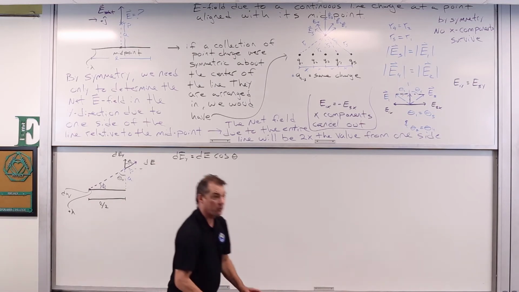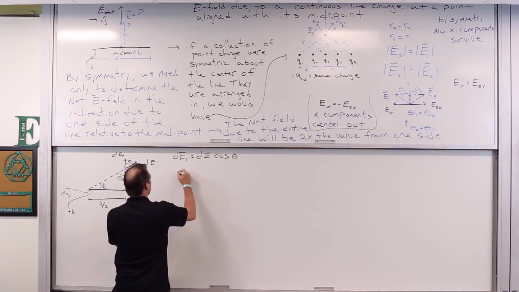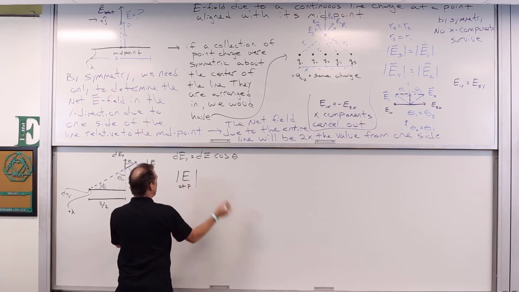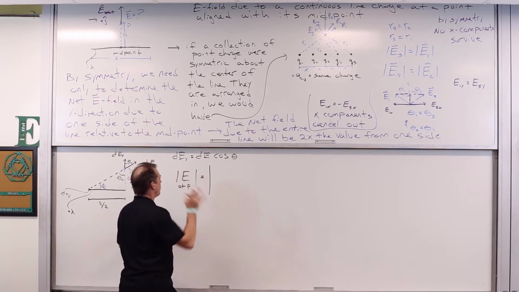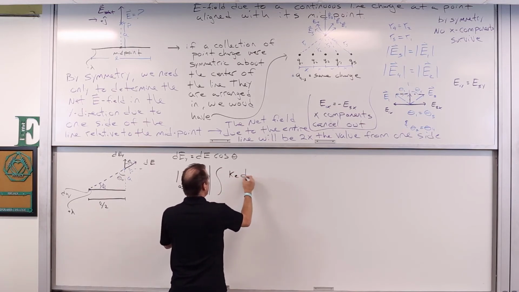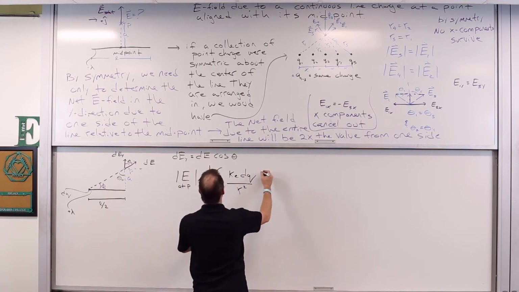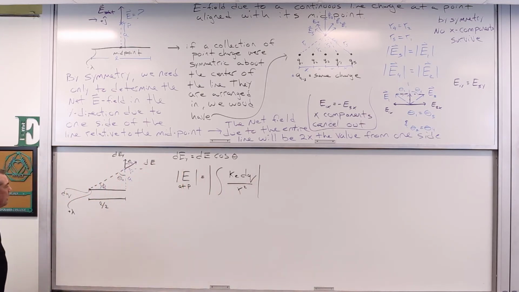Well, let us first write out what this all looks like. The magnitude of the electric field at the point P is going to be equal to the absolute value of the integral of k sub e dq over r squared. So there's the magnitude of the electric field.